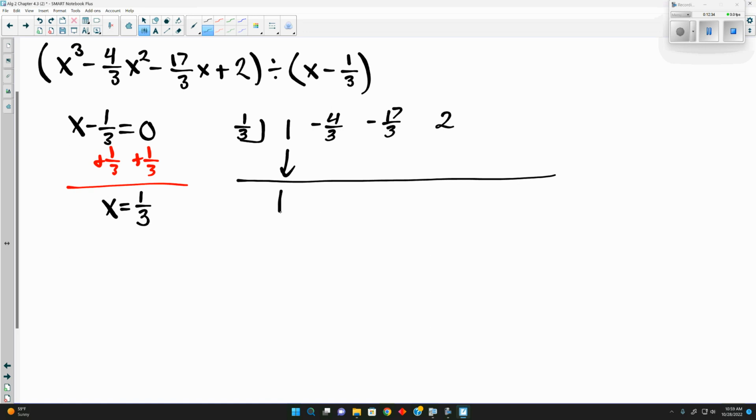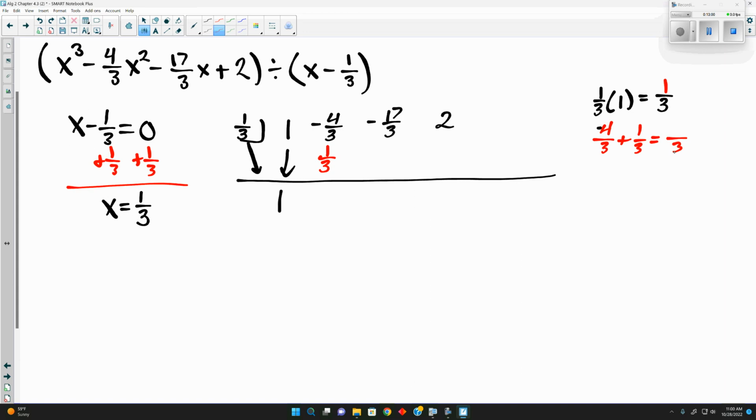Now we start this process again, so we'll do 1/3 times 1, which is 1/3. So we can put the 1/3 here. Now the next thing we'll need to do is add -4/3 and 1/3. Well, the denominators are the same, yes?